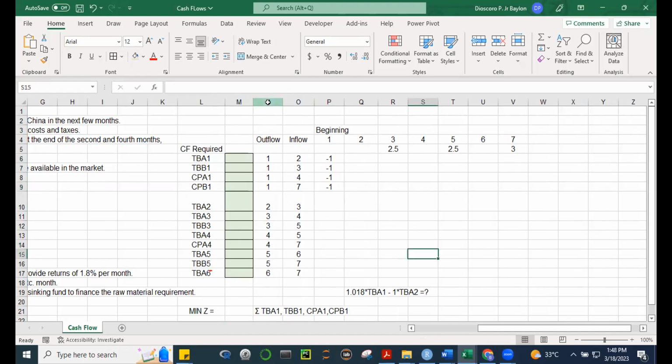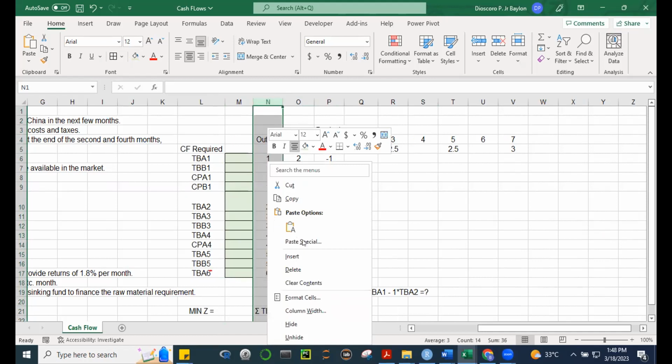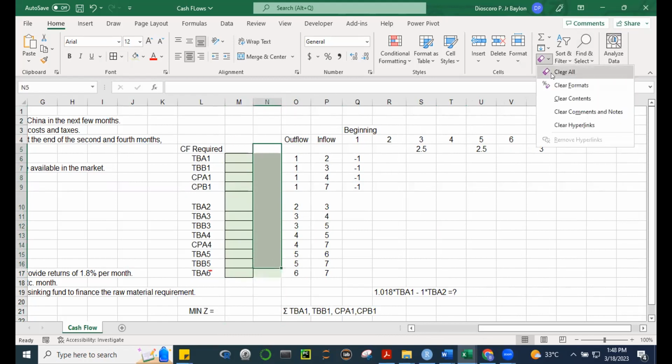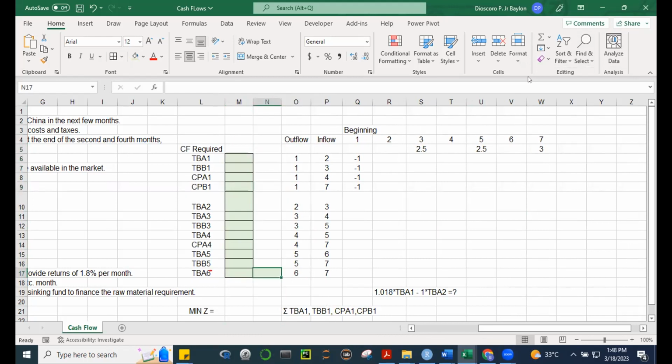And let's also insert here the rate, because we will be needing the rate in order to determine our cash flows.